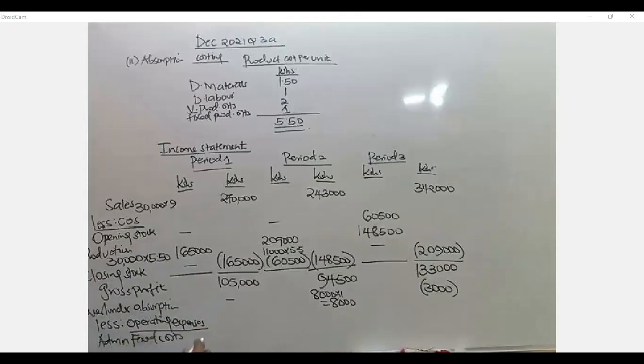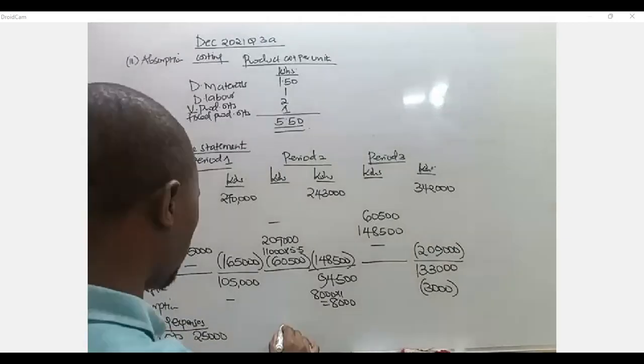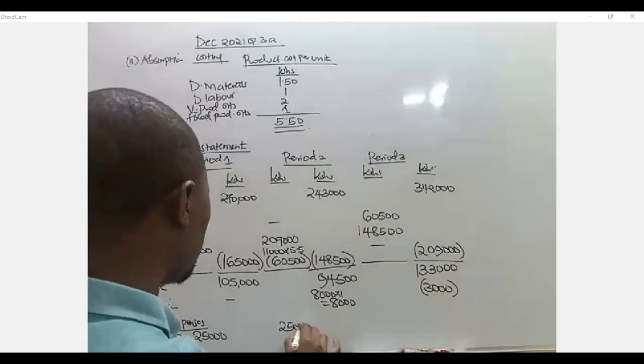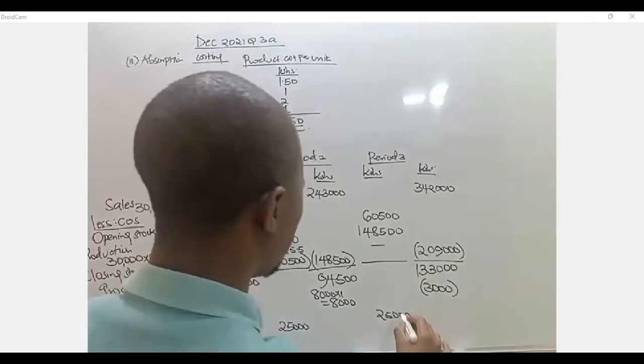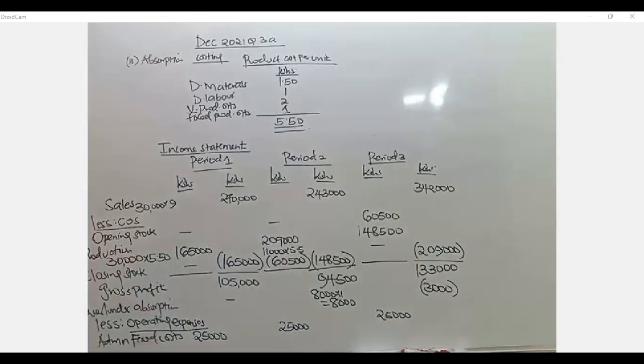We are being told it is 25,000 for each. So here is 25,000, and also here is 25,000, and the last one would be 25,000 there. Because I don't have any other fixed costs, I just need to be subtracting 25,000.